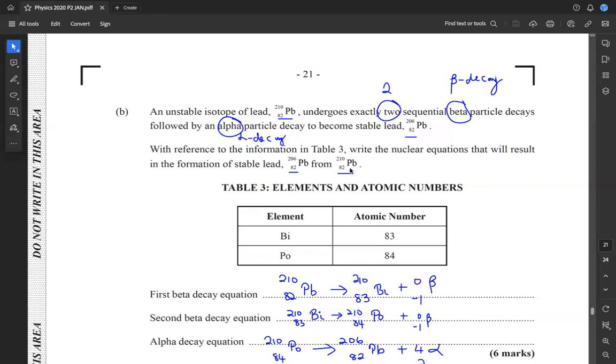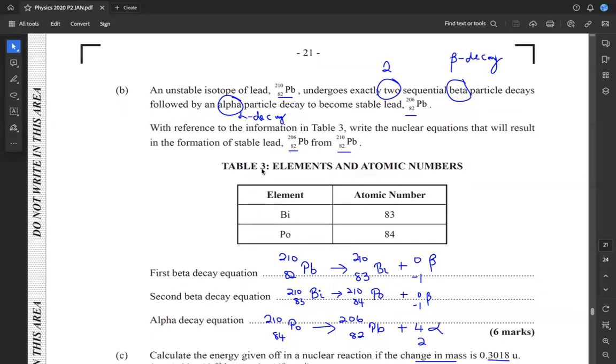And so to do that, it goes through these emissions of what we call radioactive emissions to end up with a stable form. And so that's exactly what's happening here. We're taking this unstable one, it's going to emit a beta and then another beta after that, and then an alpha to ultimately give us the stable form. Okay, so that's what's happening here in a nutshell.